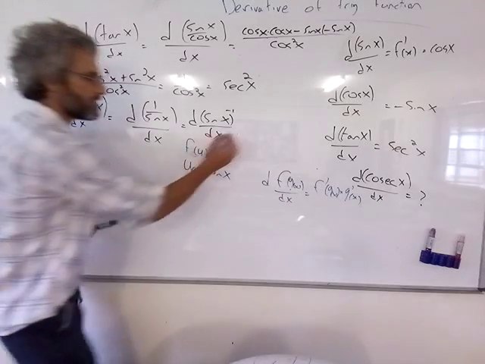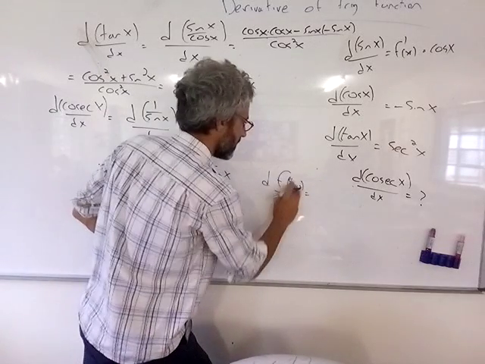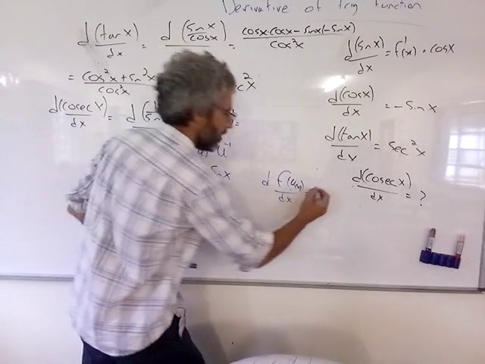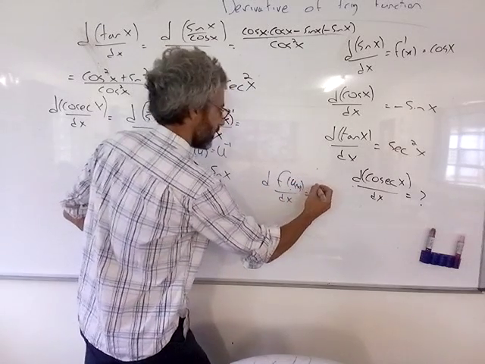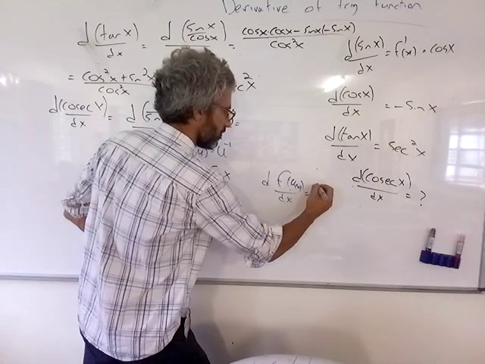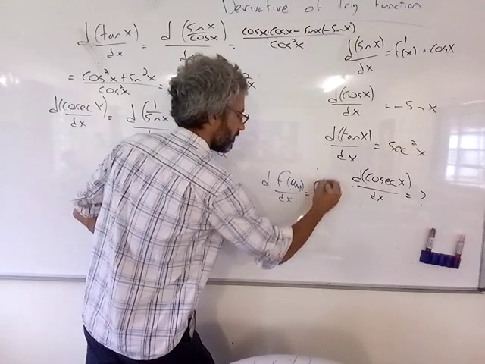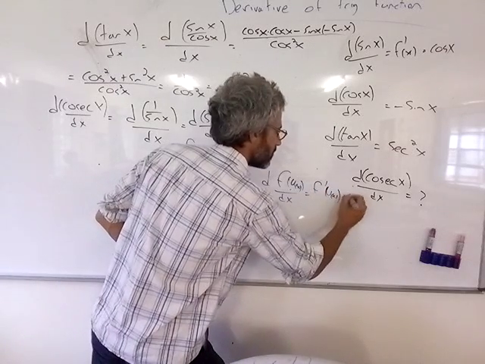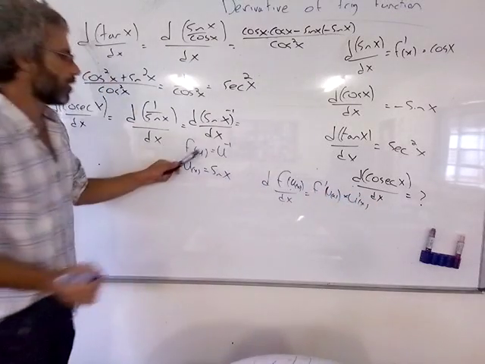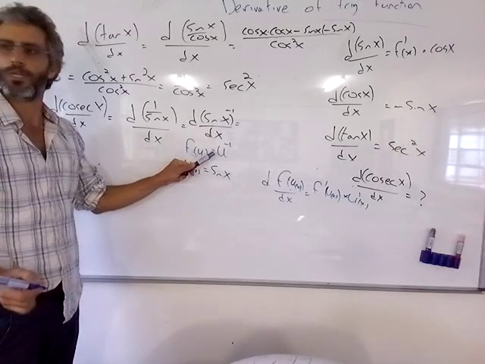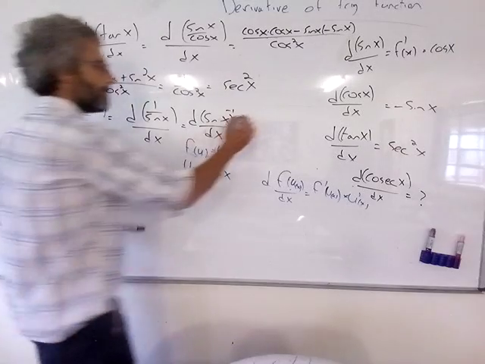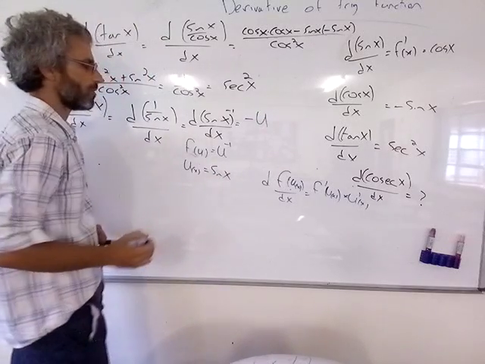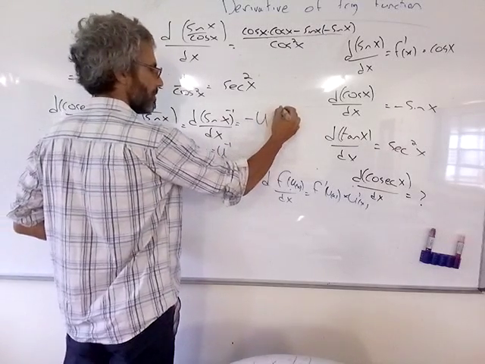So what I've got here is f is u to the power minus 1, and the inner function is sine x. I'll write it now in the same language: f prime of u of x times u prime of x. I should have really used g. So what is the derivative of u to the power minus 1? Minus u to the power minus 2.